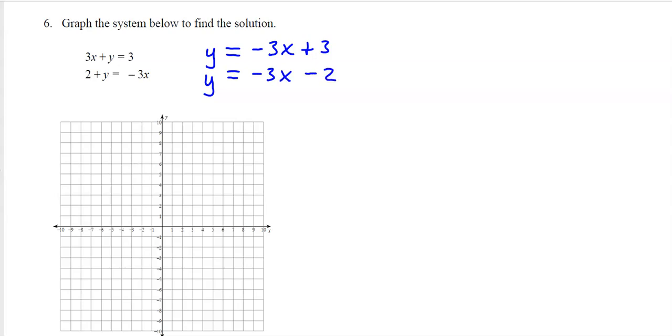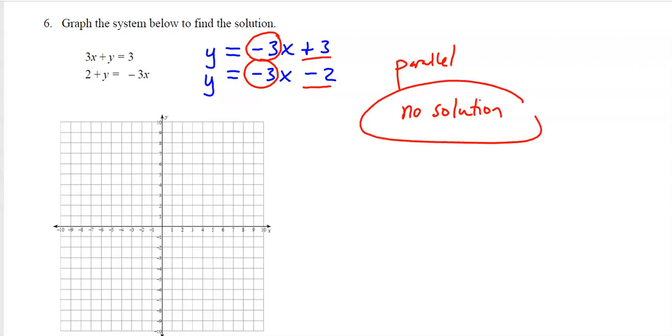So right now I'm like, oh, same slope. So right now we're at least parallel. But then different y-intercepts. So I know these are parallel lines, which means there's going to be no crossing, no intersection, no solution.